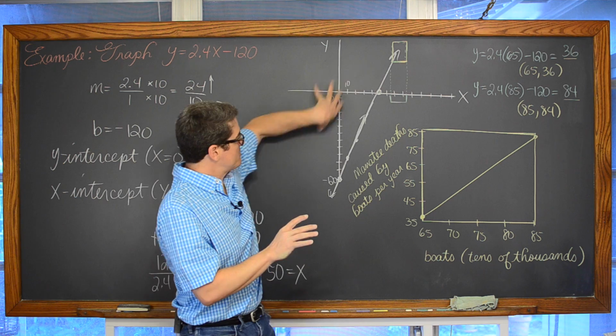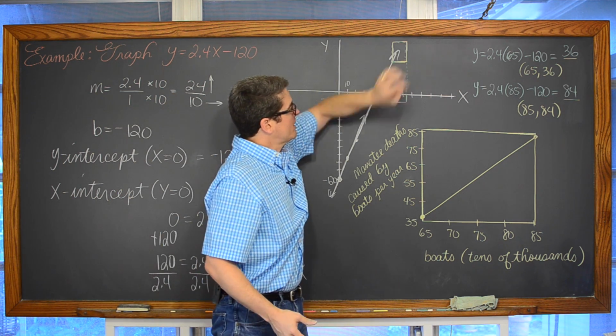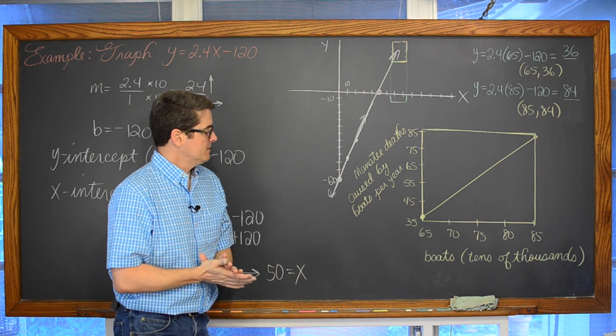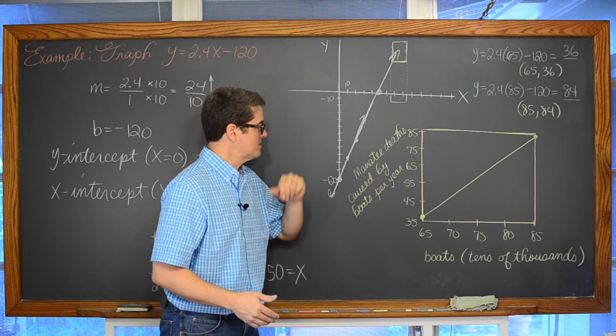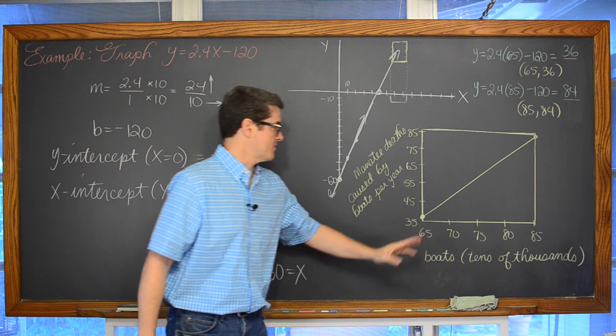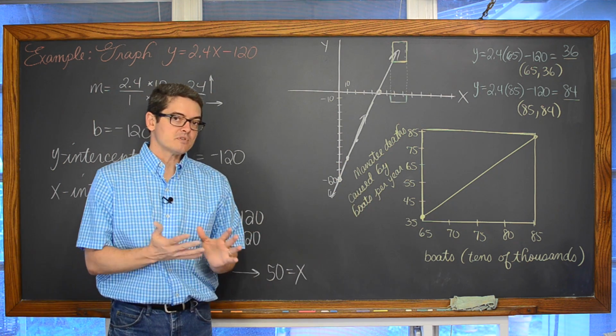We zoom in on that portion of the generic algebraic graph that was relevant to our data that created that regression line. We have boats on the x-axis and manatees on the y-axis, for the independent and dependent variables, and a graph that represents our data.